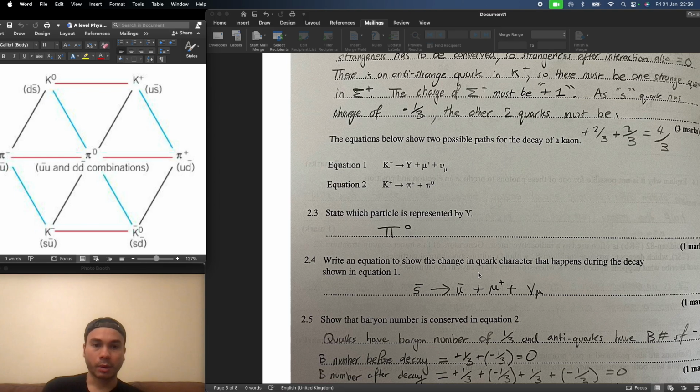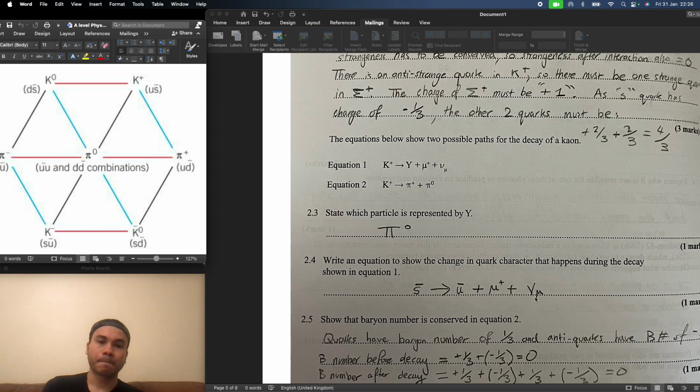2.4. Write in an equation to show the change in quark character that happens during the decay shown in equation 1. Okay, so in this particular case, we have the anti-S quark becoming a U, anti-U, which is this one here, plus a positive muon. So this is an anti-muon plus a muon neutrino.